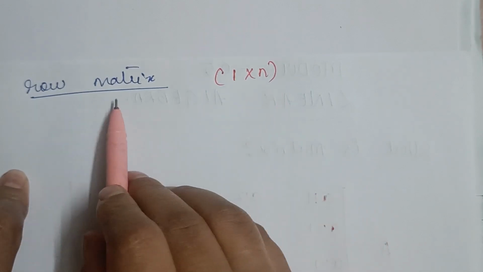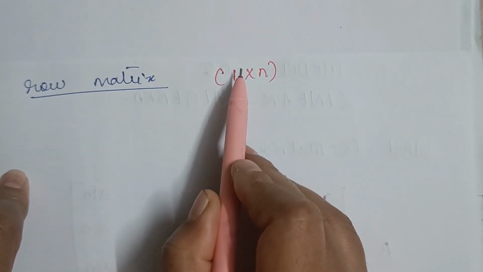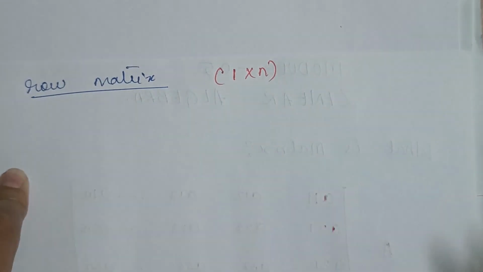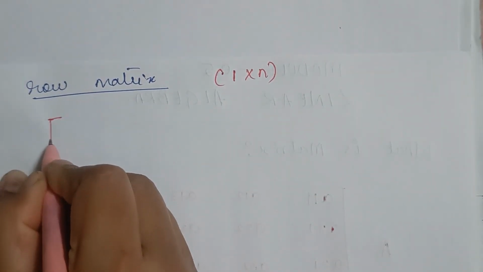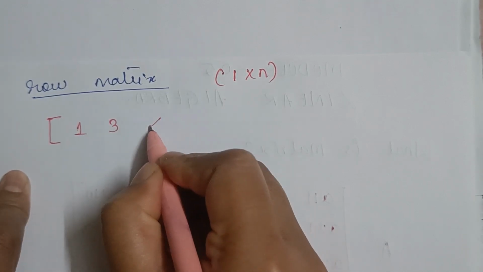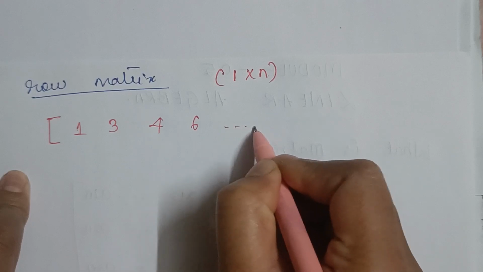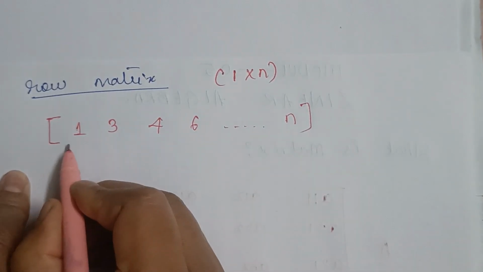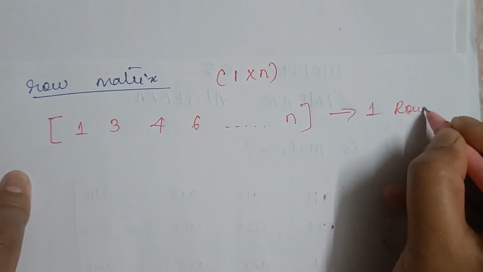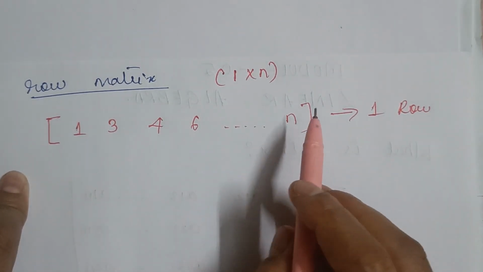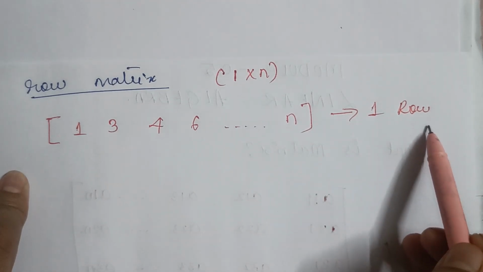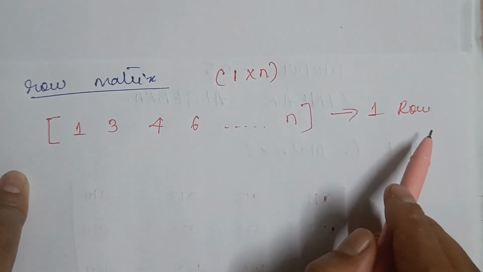So there is only one row, and the columns could be any number, right? So only one row means here you can see 1, 2, 3, 4, 6, so on till n. But here I have only one row. Correct? So this is called a row matrix. I have many columns but just one row, so I can call this a row matrix.